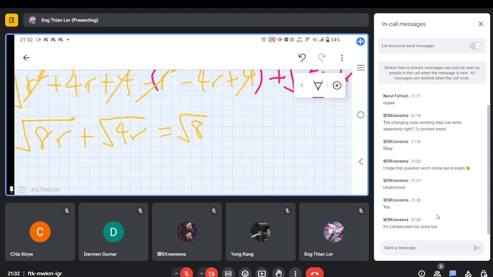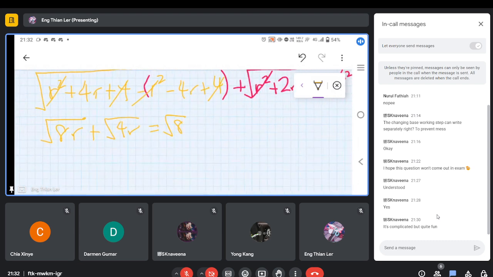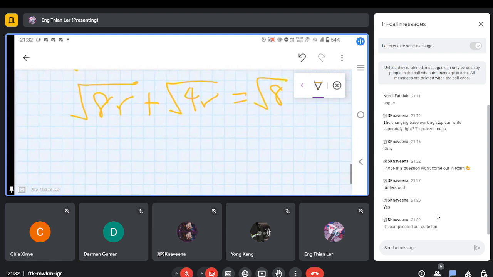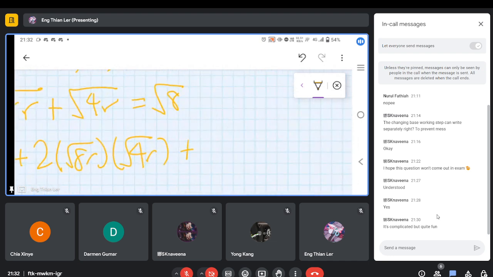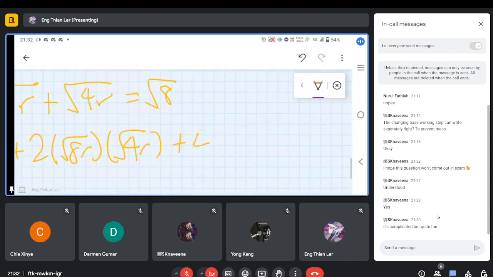Now we square both sides. Sorry, not cube, we square both sides. So this will be 8r plus 2 multiplied by square root of 8r and then 4r, plus 4r, which is just 4r.